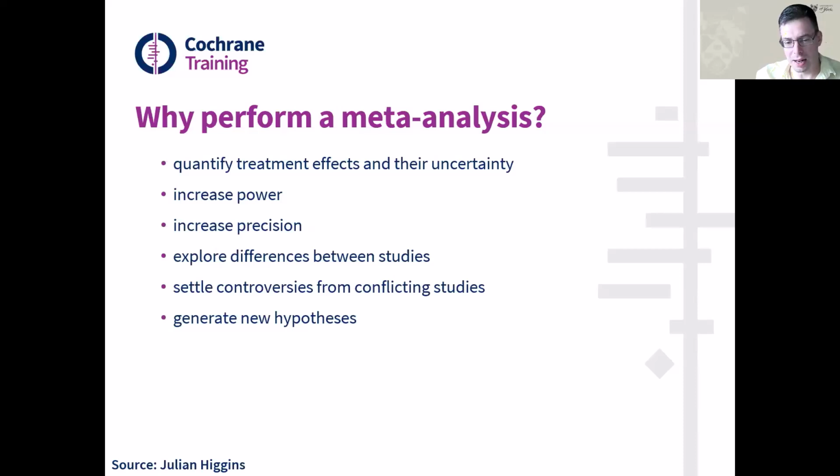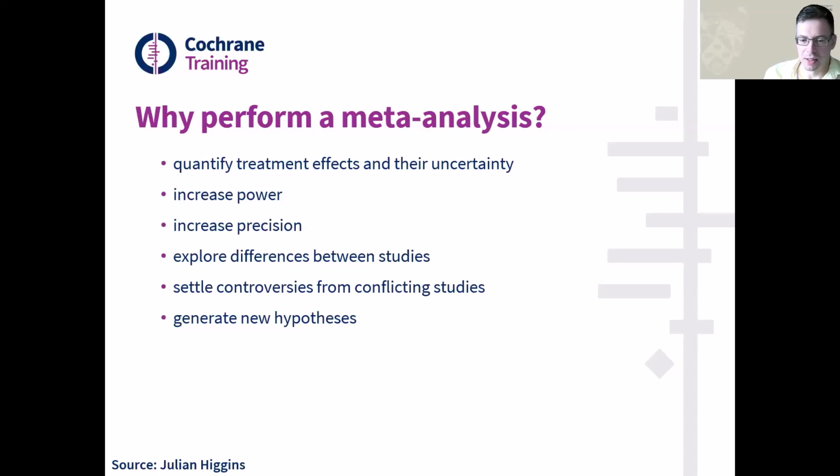We're more clear about exactly how well an intervention does or does not work. We can start to look at the differences between studies. So, for example, we might be able to spot that some studies have a larger effect than others, or we may be able to start to think about why that is. Is it something to do with the dose of the drug, or the way it was administered, or the people it was given to?